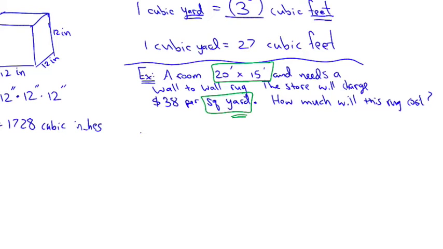It's always better to go bigger to small. That way your answers don't get too tiny. Bigger to small actually makes your numbers go bigger. So I usually change price per square yard into price per square foot. Now you could change the square feet into square yards. That's perfectly fine. Either one works perfectly well.